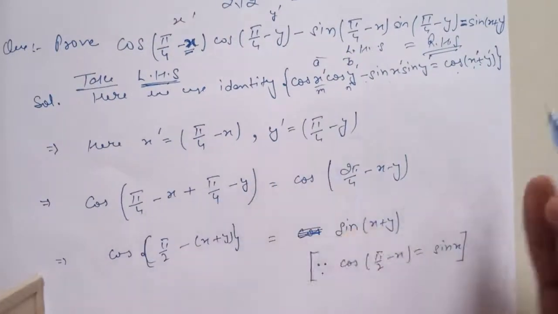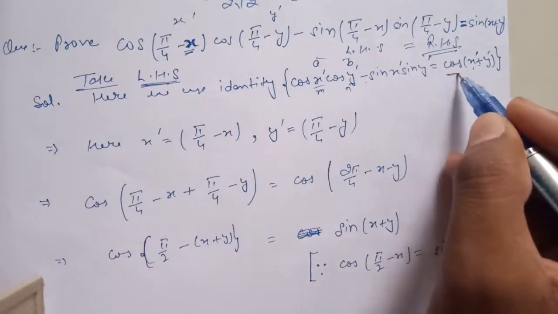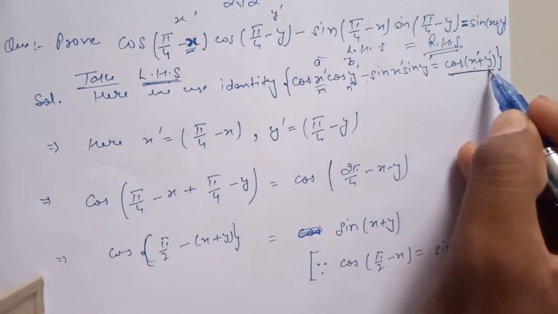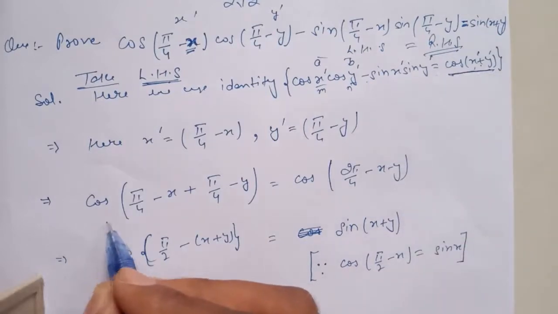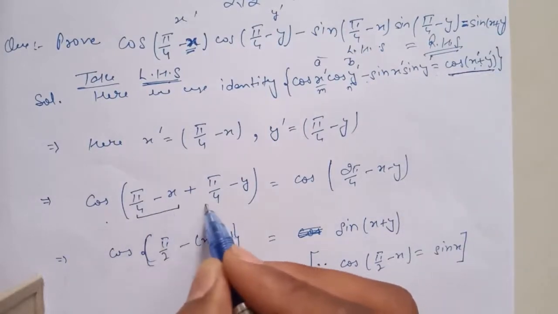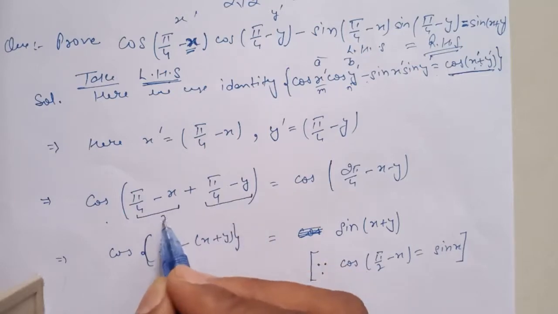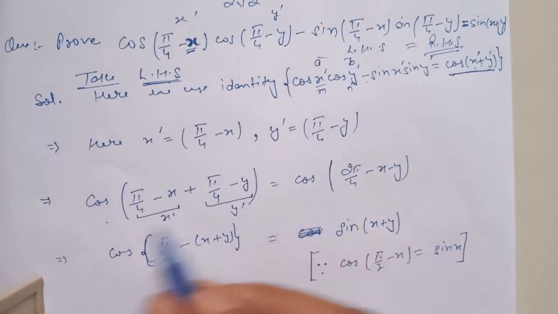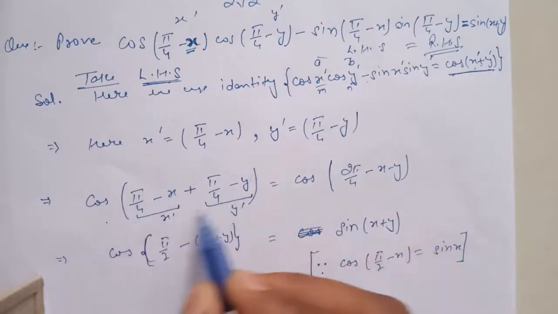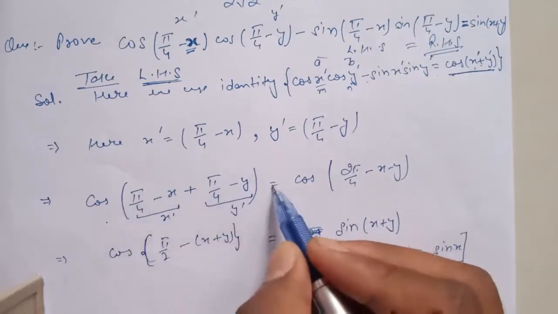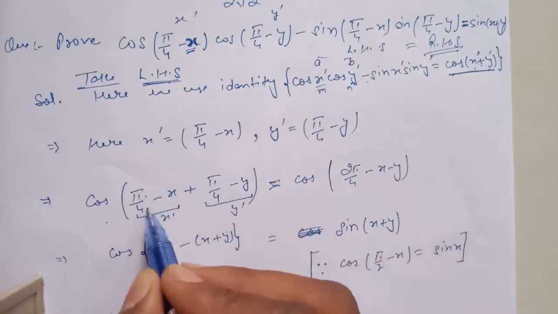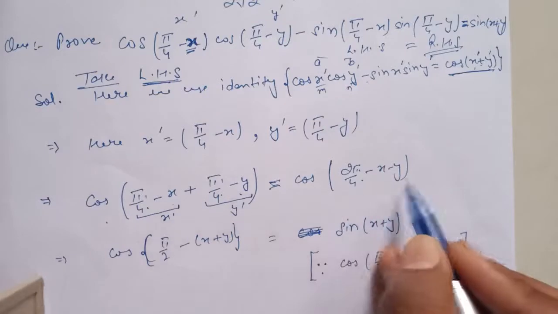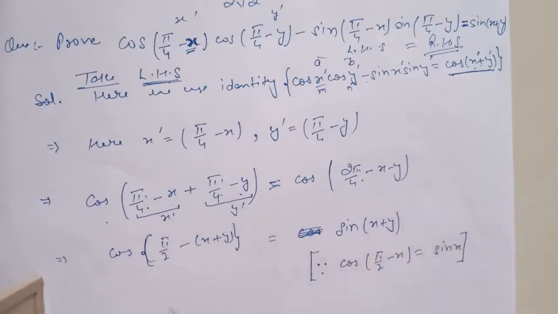Therefore we write cos of x dash plus y dash is equal to, now solving what is in the bracket, cos of pi by 4 plus pi by 4, which is 2 pi by 4, and minus x minus y will remain as it is.